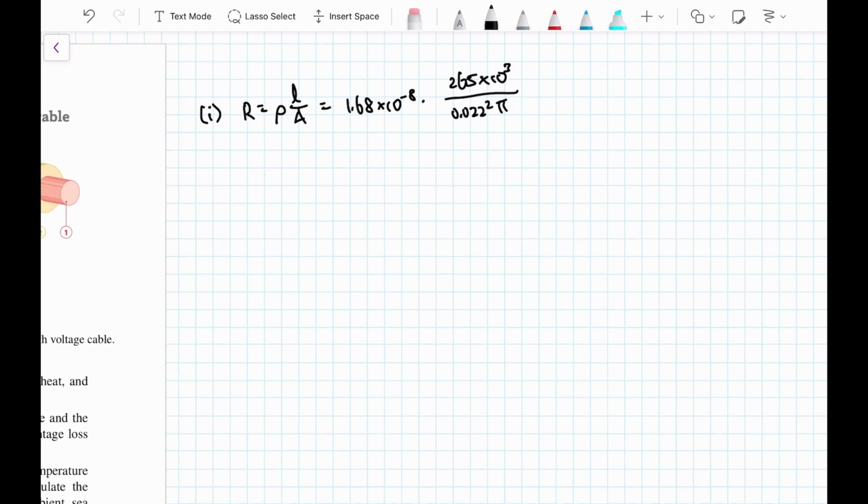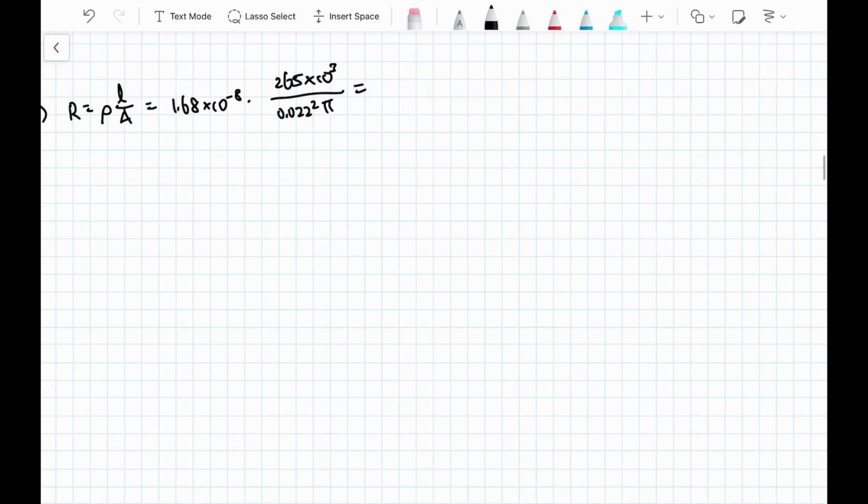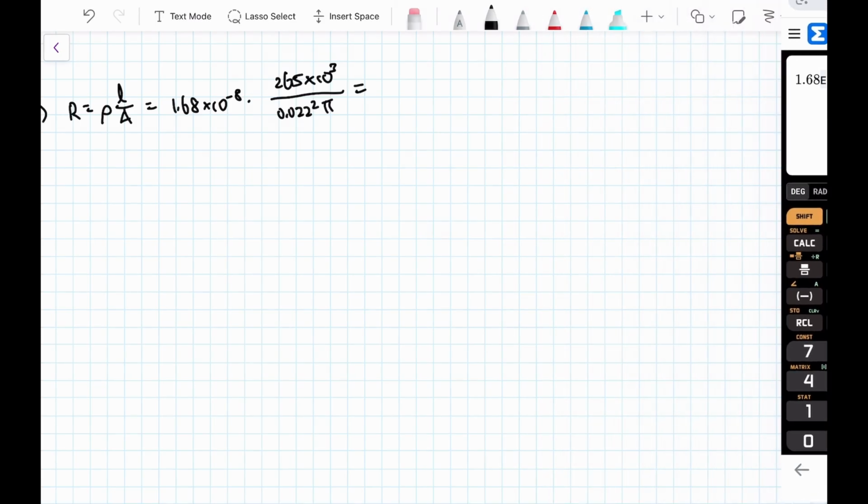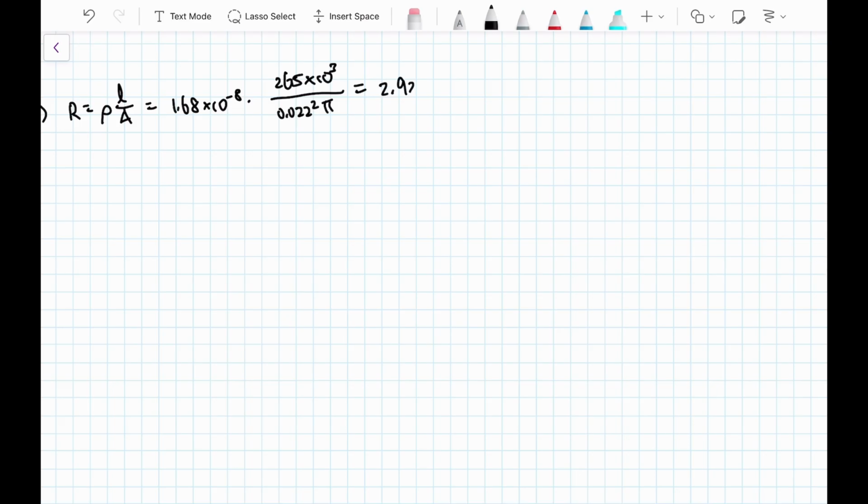So that is 1.68 times 10 to the minus 8 times 265 times 10 to the 3 over 0.022 squared pi, and that is 2.928 ohms.